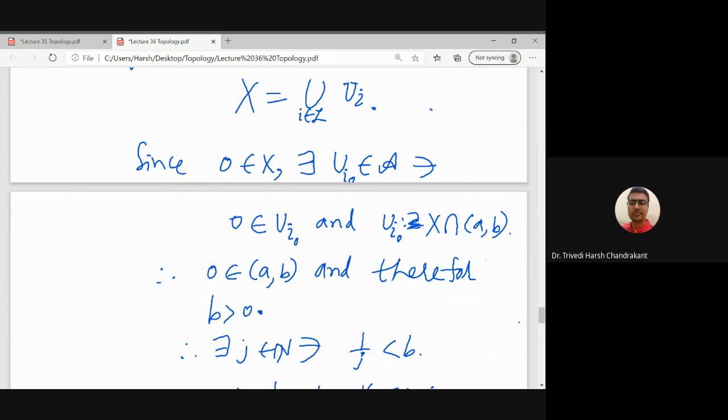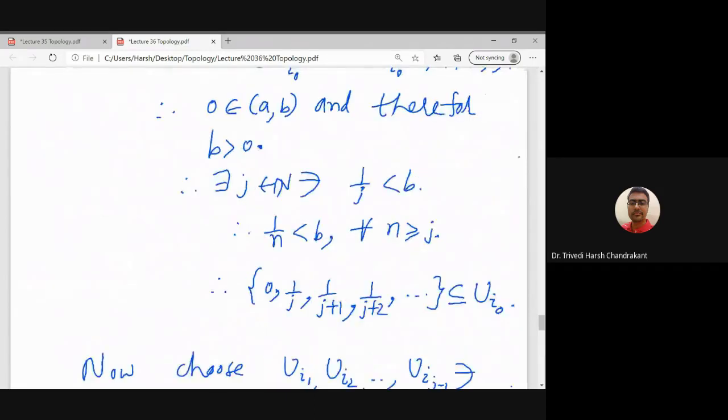So 0 belongs to an open interval (a, b), and that will give us b is greater than 0. Since b is greater than 0, by the Archimedean property there is a j such that 1/j is less than b, and once we get 1/j less than b, all n greater than j will satisfy 1/n less than b, right?